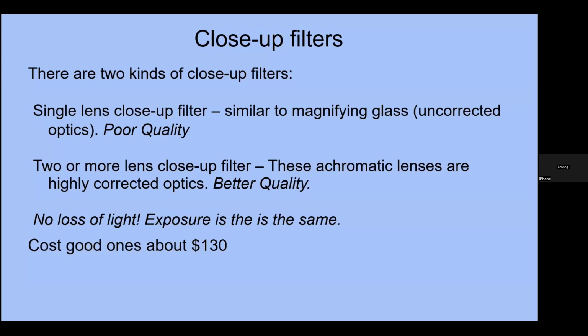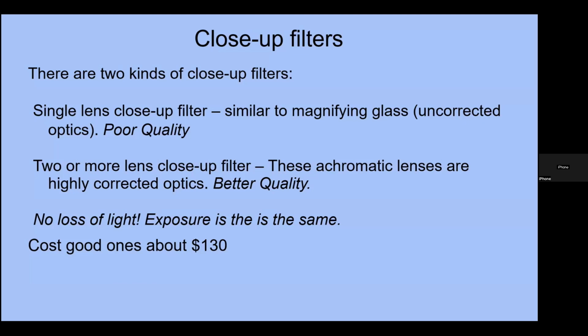And close-up filters. They are magnifying glasses, basically, that you put on your lens. They come in cheap and then better quality. Canon used to make one that was, I think, a 500D or something, and it was real expensive, $200 or $300.